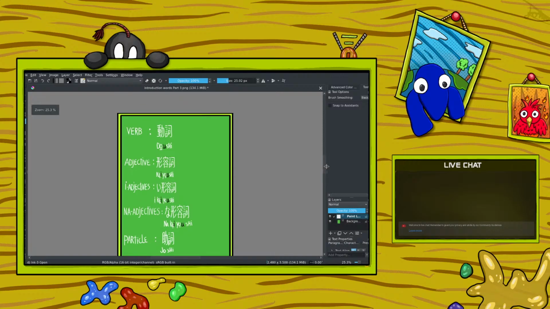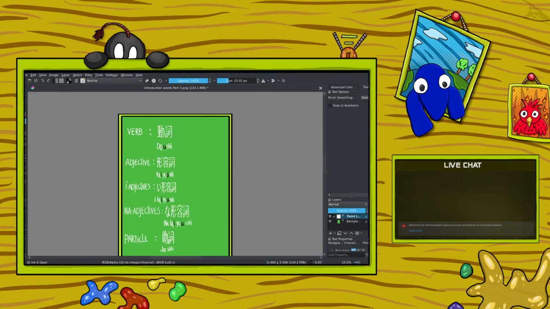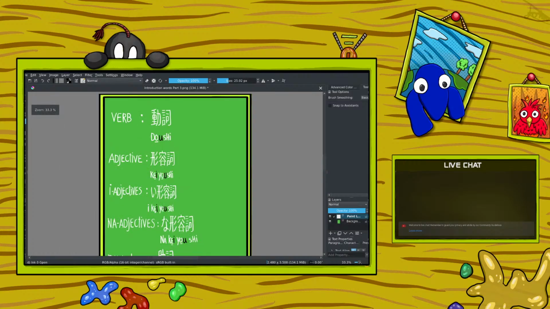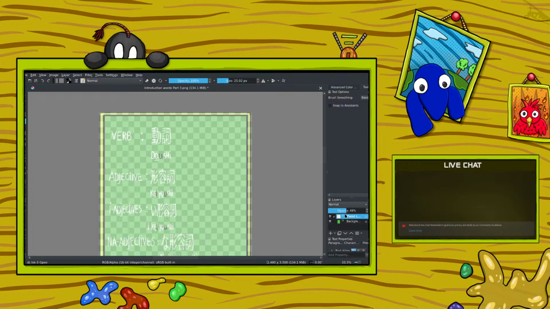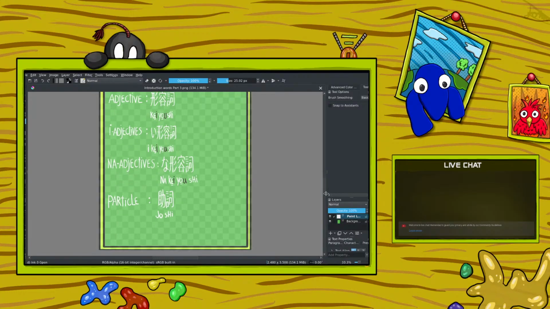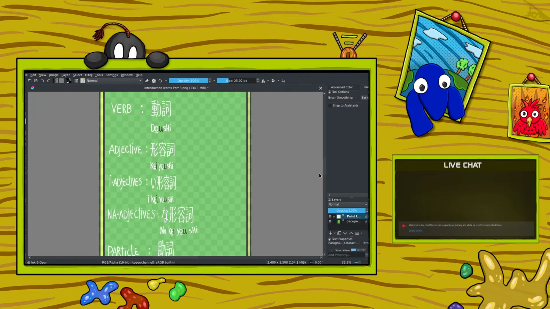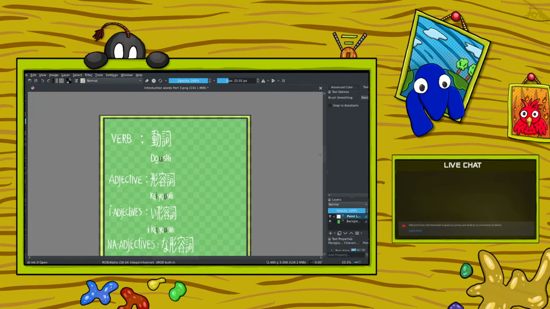So, we have already the verb, which is the doshi. Yes, I know why this one is there. Because it's always, again with the "shi"s, but different. So this time it's about the doshi, the keiyoshi, the ikeiyoshi, the nakeiyoshi, and the joshi.